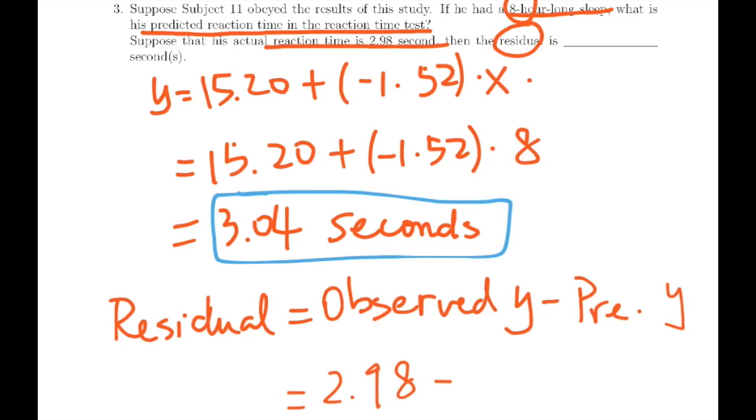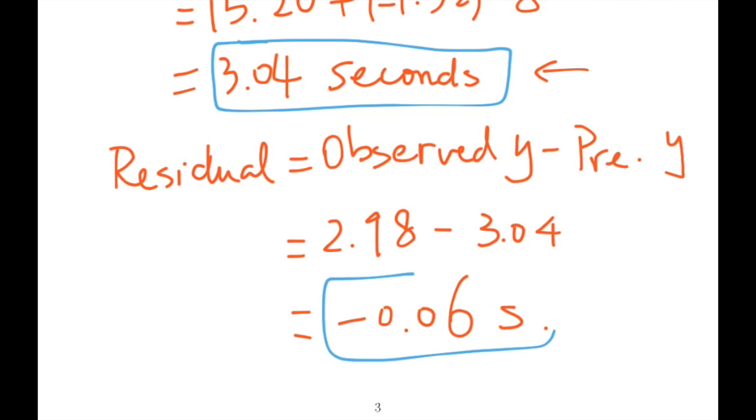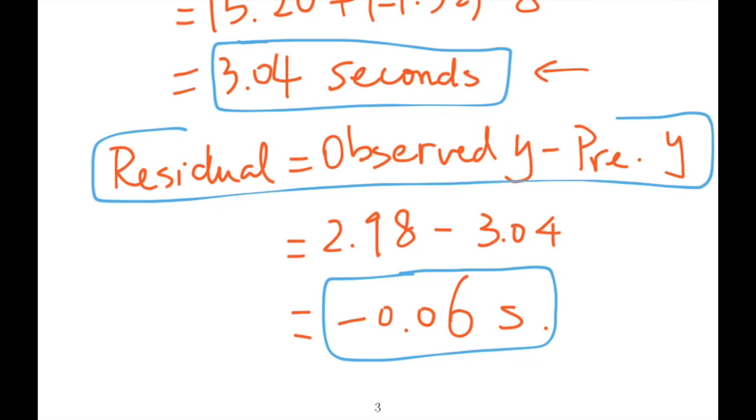And our predicted reaction time is equal to 3.04. So the residual of subject 11 is equal to negative 0.06 second. Okay, so this is another formula you have to know for your midterm.